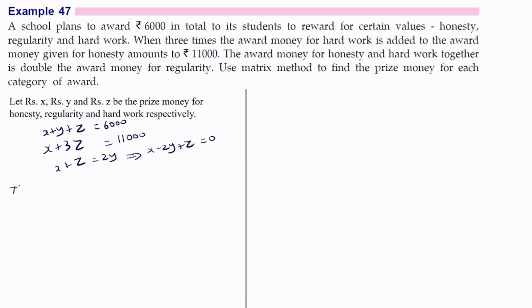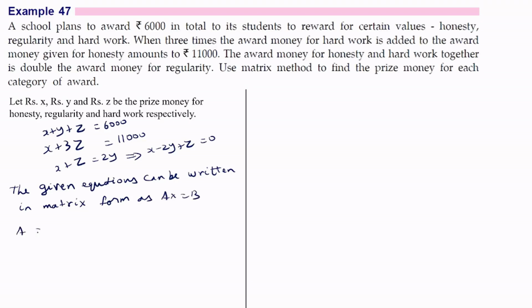So here the given equations can be written in matrix form as AX equal to B, where A is the coefficient matrix 1 1 1, 1 0 3, 1 minus 2 1.